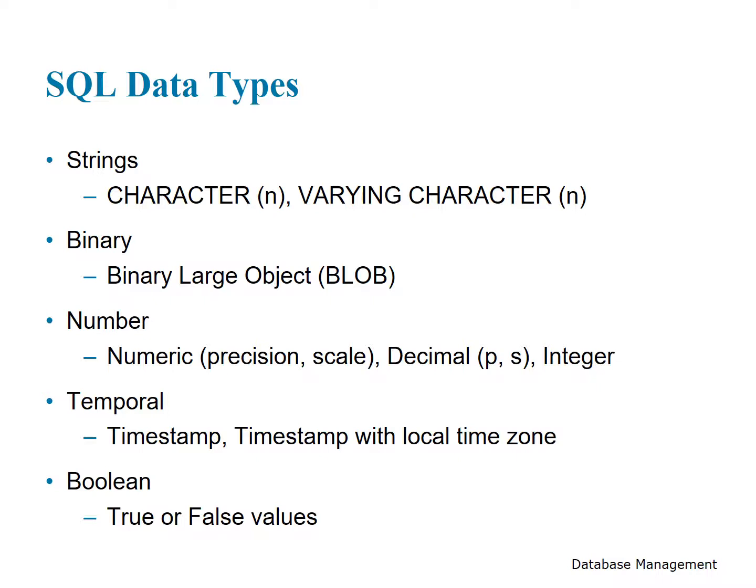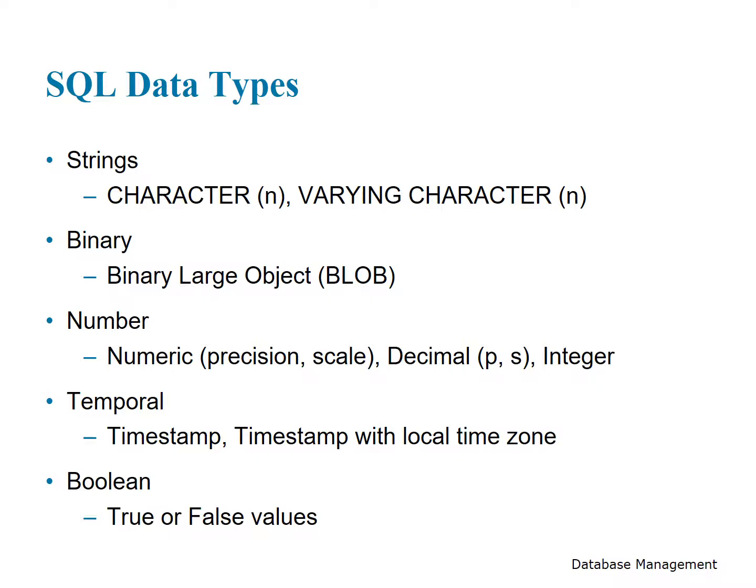Binary large object, BLOB, stores binary string values in hexadecimal format. BLOB is defined to be variable length. Oracle also has CLOB and NCLOB, as well as BFILE for storing unstructured data outside the database.